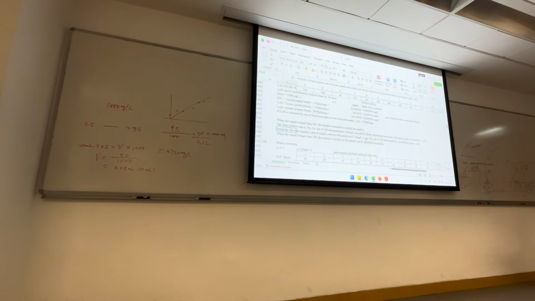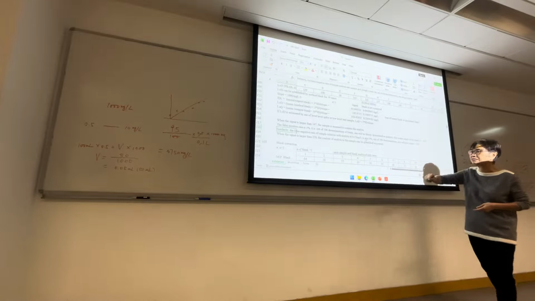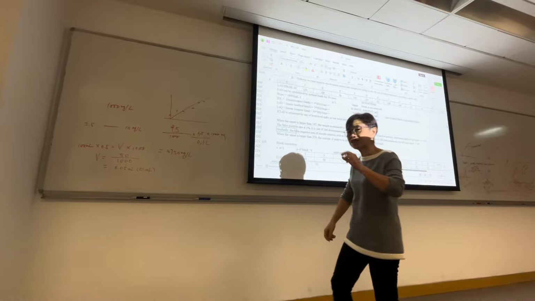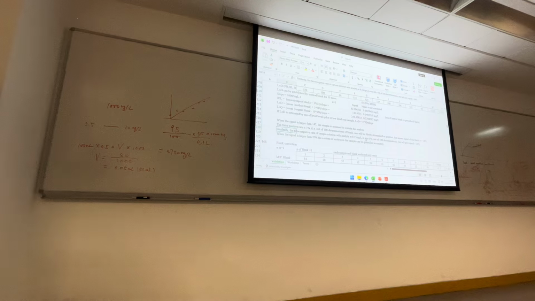No matter false positive or false negative, the cutoff is at 147. Okay? Oh, maybe you can say 146 or 147. Okay? So when the signal is larger than 230, you can say that the sample can be quantified accurately.